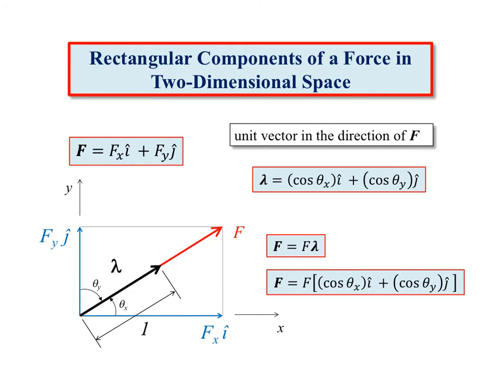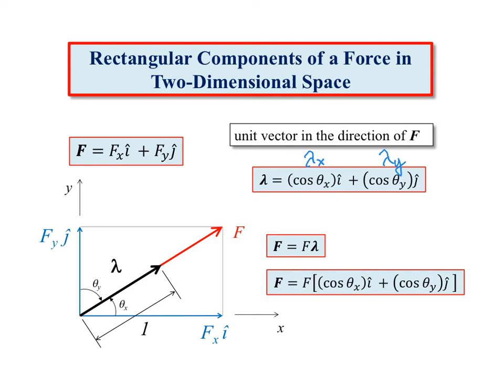After defining the direction cosines, again, lambda x is the cosine of theta x, and the direction cosine lambda y is the cosine of the angle that the line of action of F makes with the y-axis.